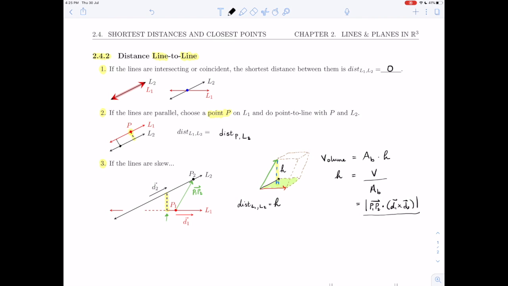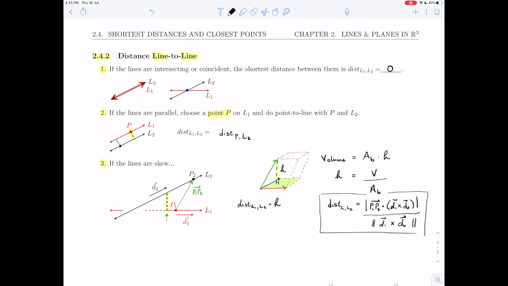So the area of the base is the norm of the cross product of the vectors making up the sides of that parallelogram, which are vectors d1 and d2. And the height of our parallelepiped is the distance. So there is our distance formula in the case that the lines are skew.